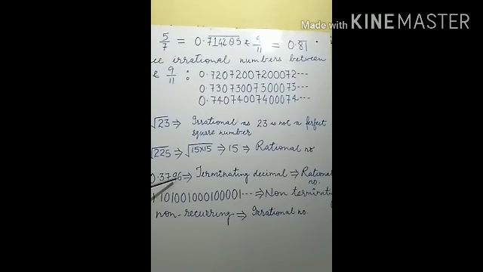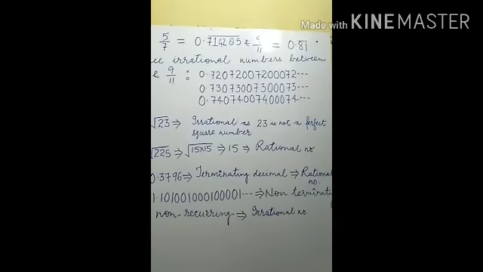A terminating decimal can be converted in the form of p by q. In previous classes, in the decimal chapter, you were taught to convert decimal into fraction or fraction into decimal. So if a terminating decimal is there, that will be a rational number.